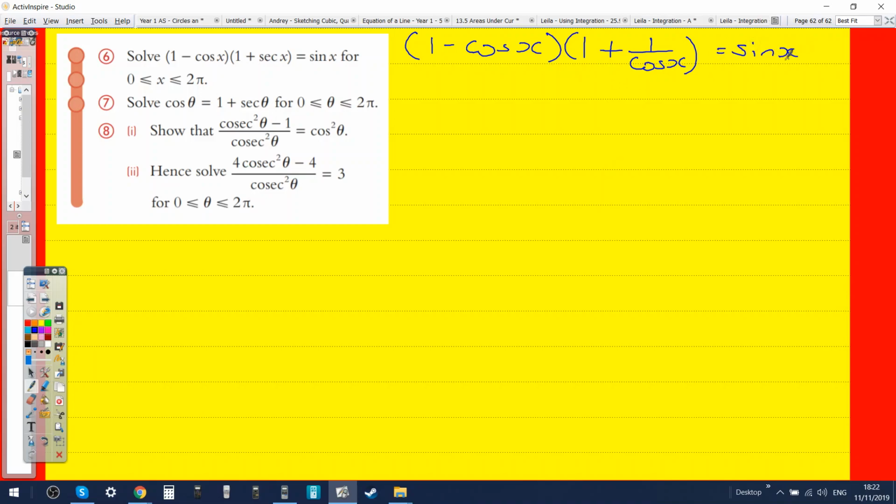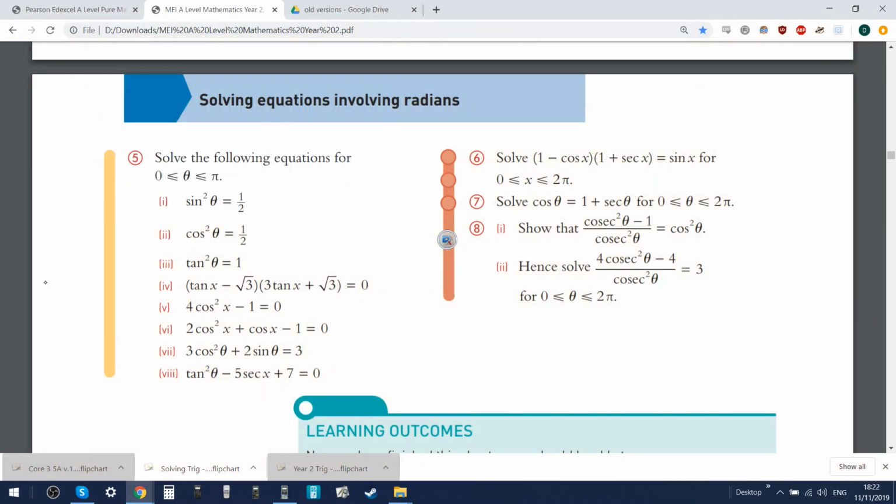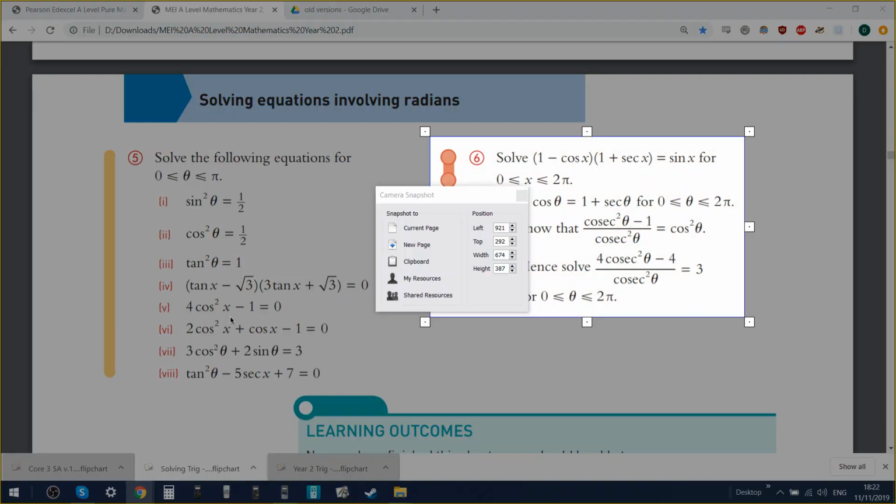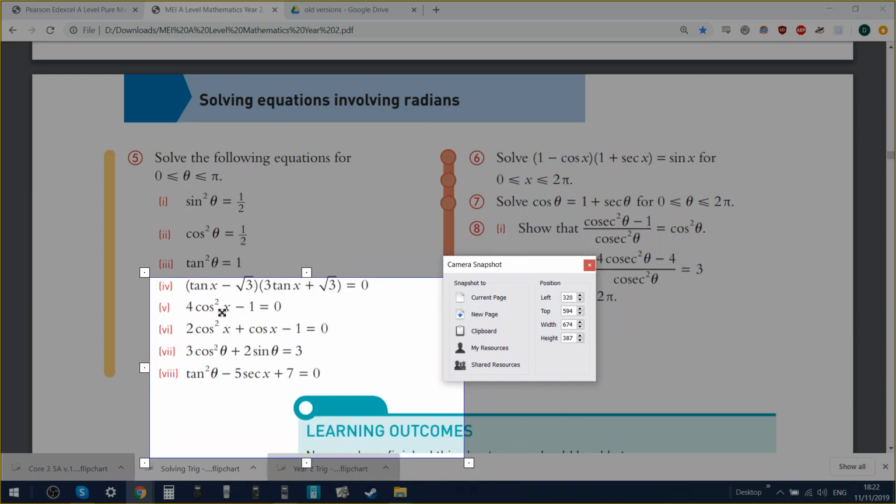Thanks. I'm still. Would I have to multiply it out? Expand. Yeah. Okay. So that's 1 plus 1 over cos. Yeah. Hang on. Go on. Do that.